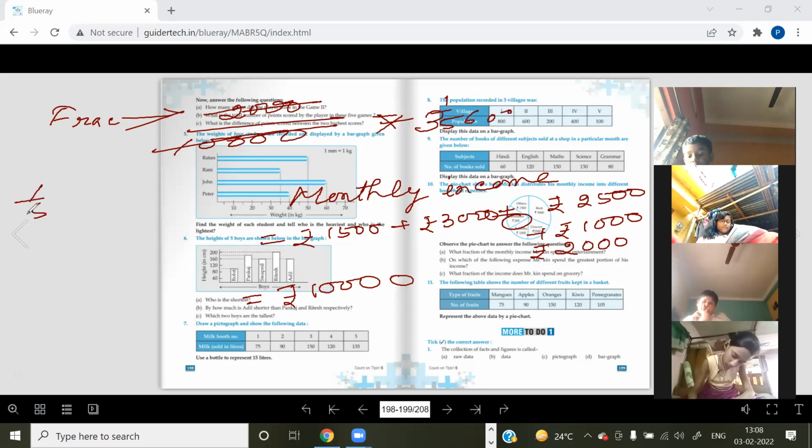Understood? 1 by 5 into 360 degrees is the central angle for entertainment.